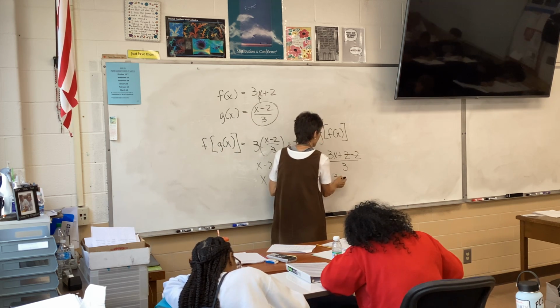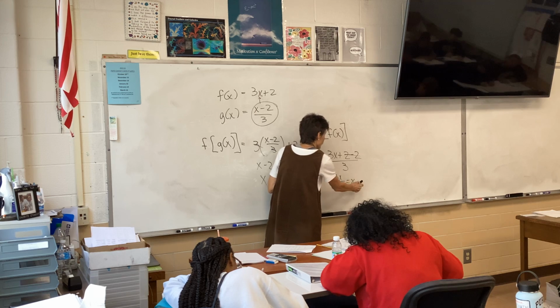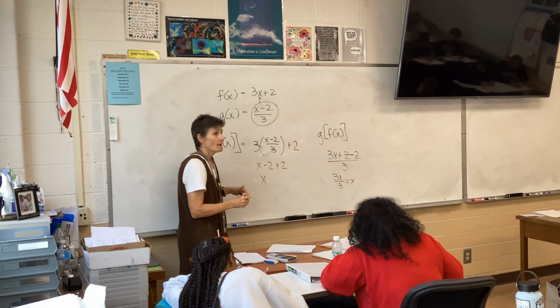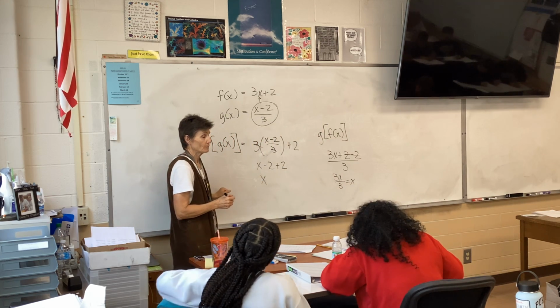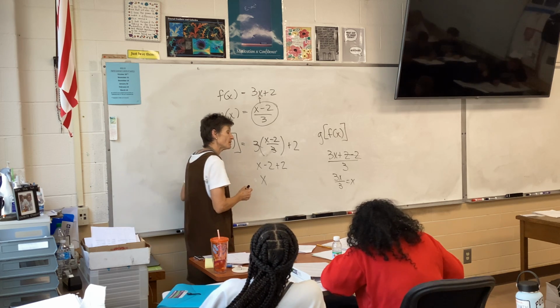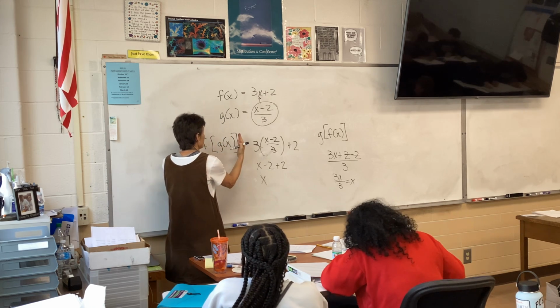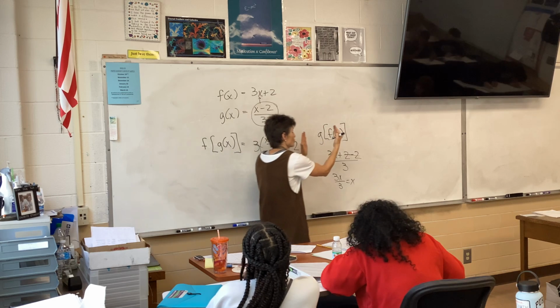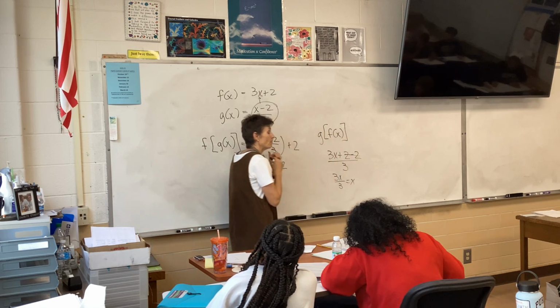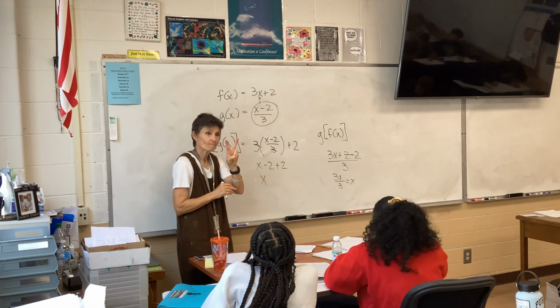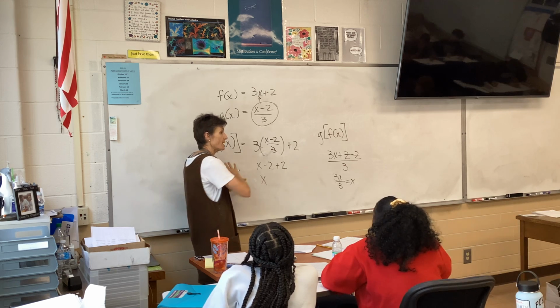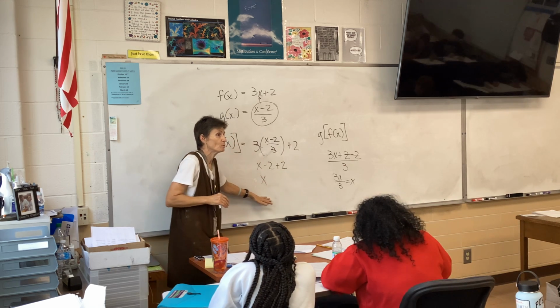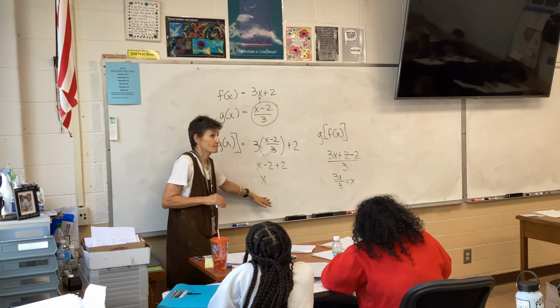Don't those cancel? And we would have just x. That is your proof. To prove that things are inverses, you build the compositions. You have to do both of them, and in both cases, everything cancels and leaves you with just plain x.